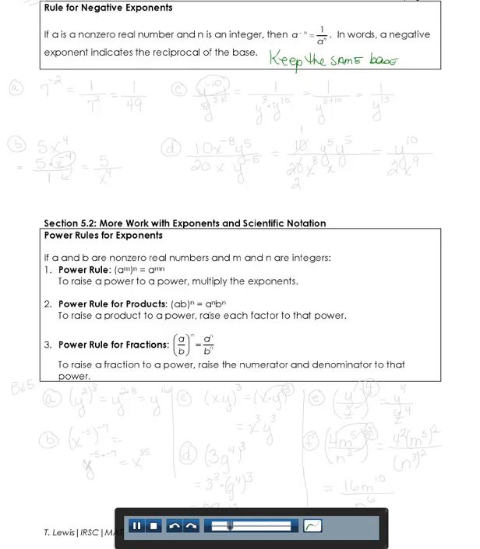So let's take a look at some examples here. Let's make this example 4.